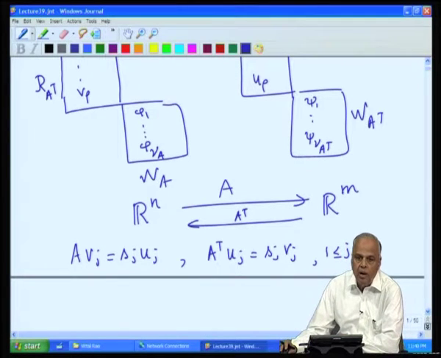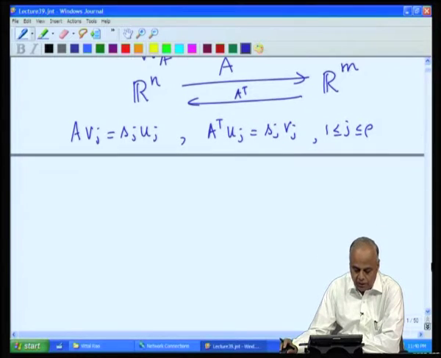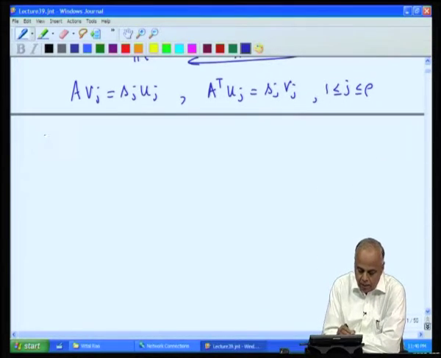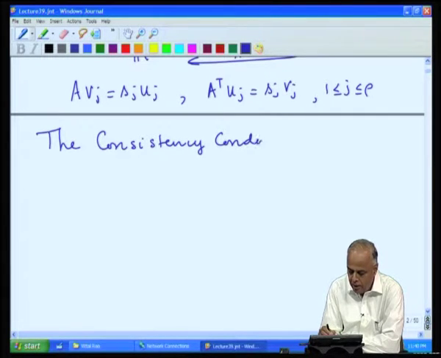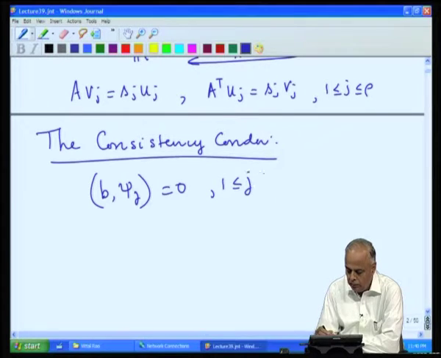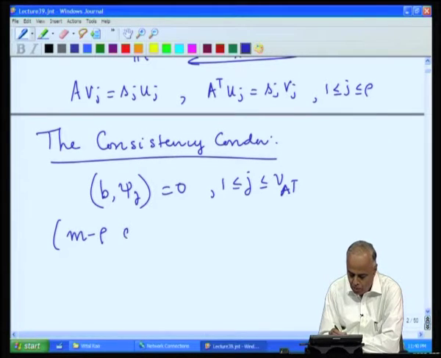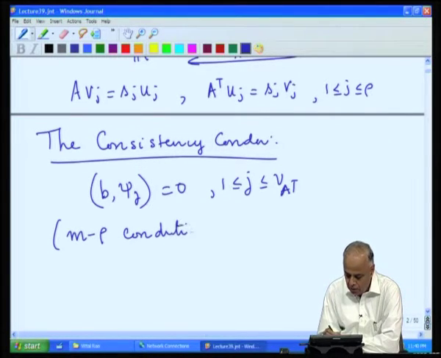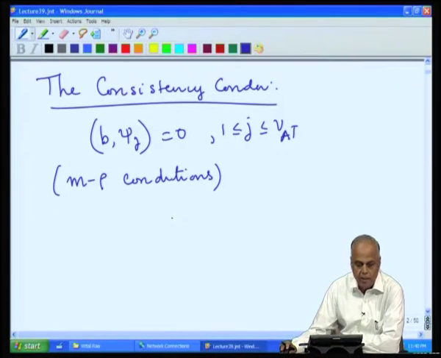Now, we were analyzing how to use this choice of the basis in the analysis of the system of equations. What we found was that the consistency condition that b has to satisfy can now be written as b must be orthogonal to all the basis vectors of the null space of A transpose, and therefore, there are m minus rho conditions, because the nullity of A transpose is m minus the rank by the rank nullity theorem.